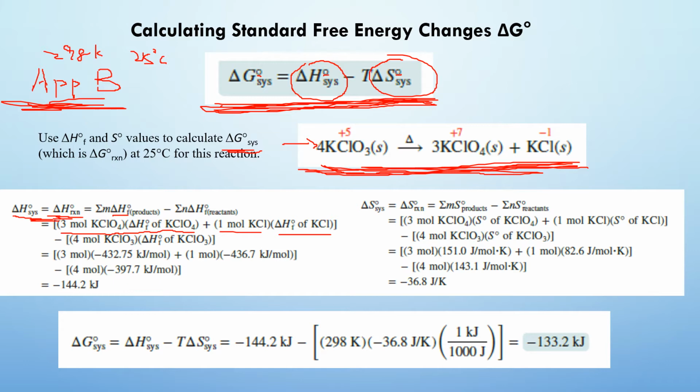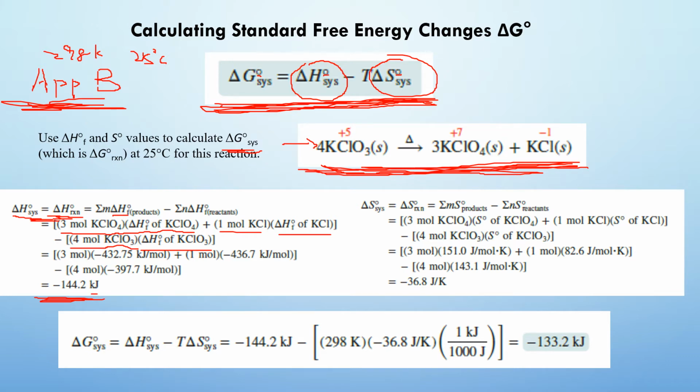That's all your products. For your reactants, you have 4 moles of KClO3, so you have 4 times the heat of formation for that compound. Finding those values in appendix B and substituting them in this equation, we find that delta H of the system is equal to this number. You notice that the unit is in kilojoule.